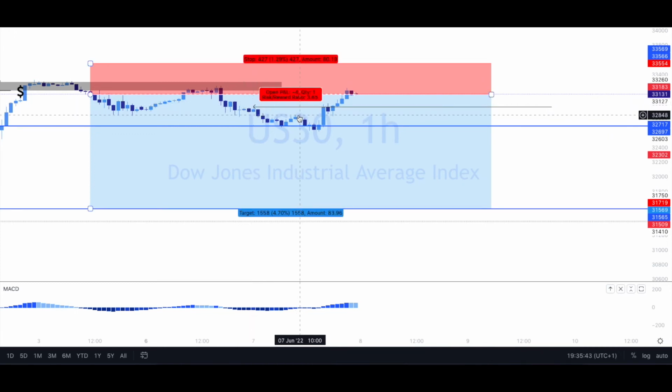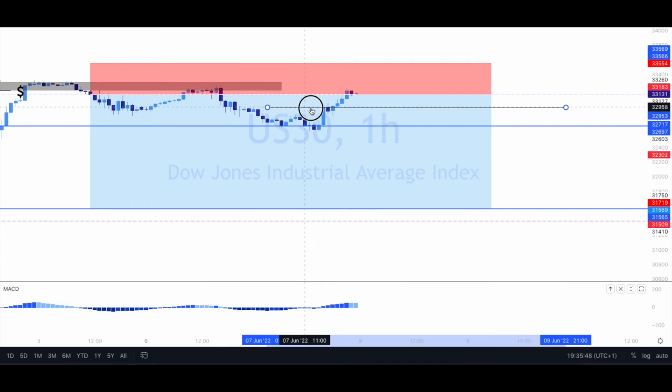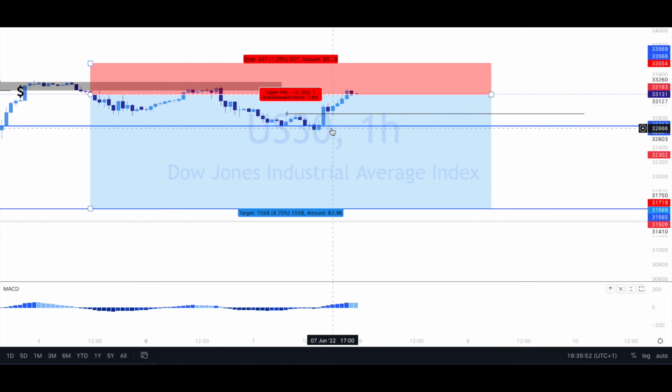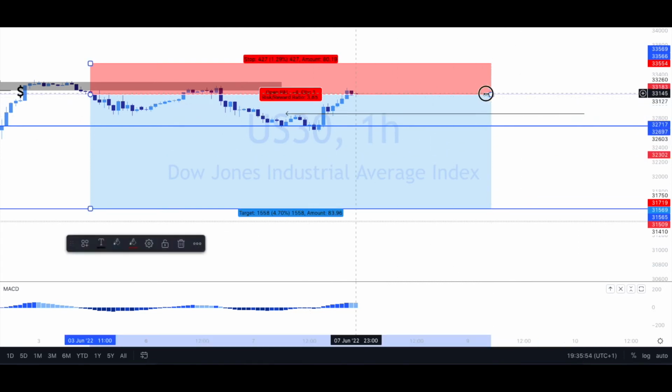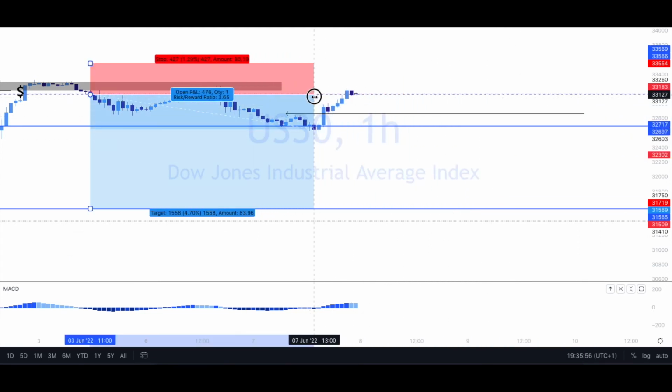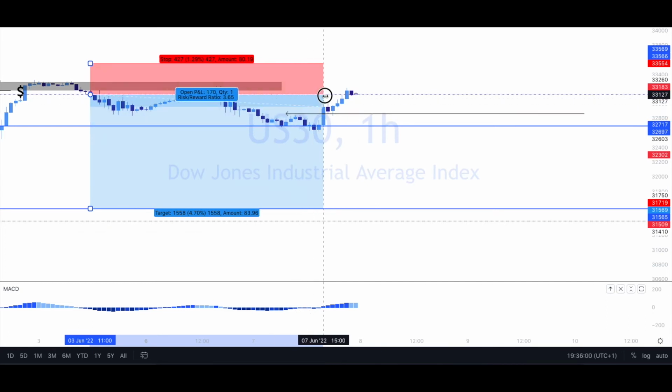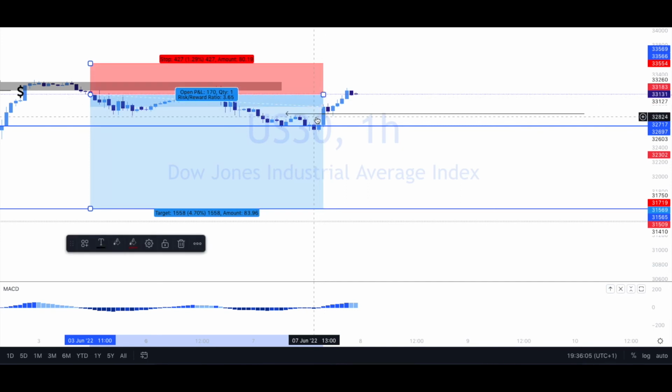And then once it started to shoot back down again after these wicks, I would have moved the trailing stop over here, which basically means that now I'm out of the trade. I was stopped over here. This is where it took me out, right here.